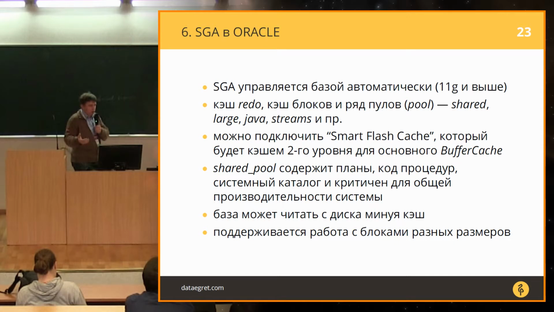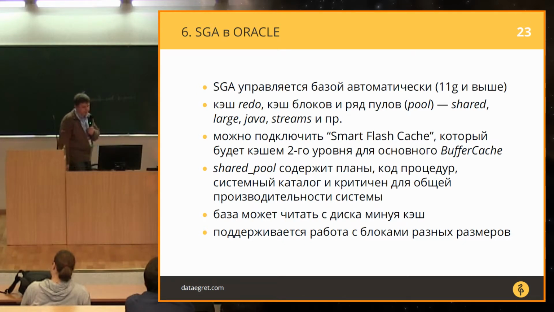The plus is that if requests are big and they are planned just once, and then this plan can be used further, depending on the complexity of the structure, you can maybe go faster by a few milliseconds. But if something goes wrong, statistics are wrong, for example, and some disadvantageous plan has been fixed in the shared pool, everybody will suffer from it.